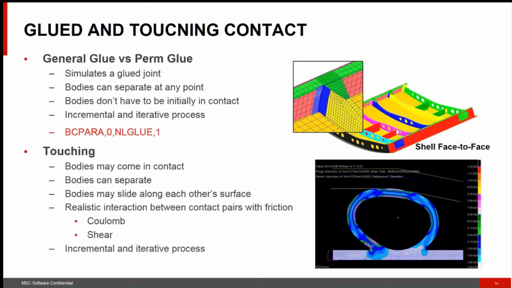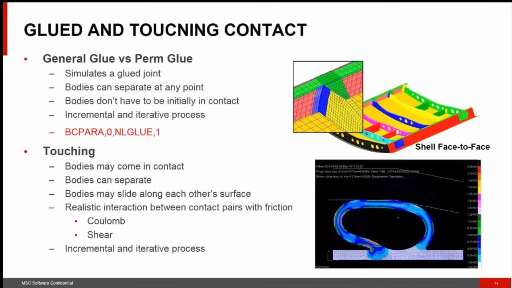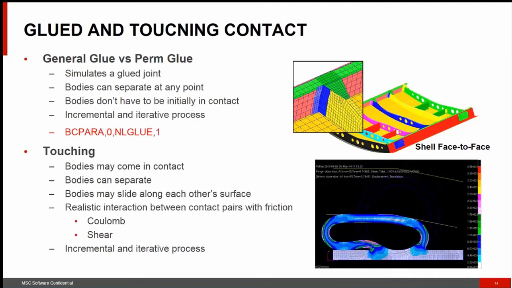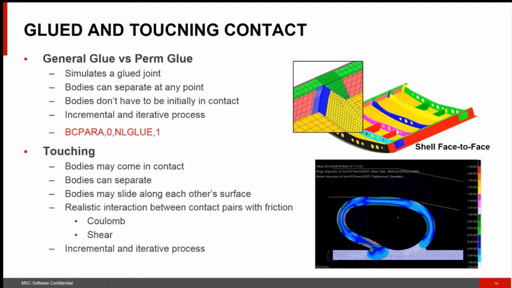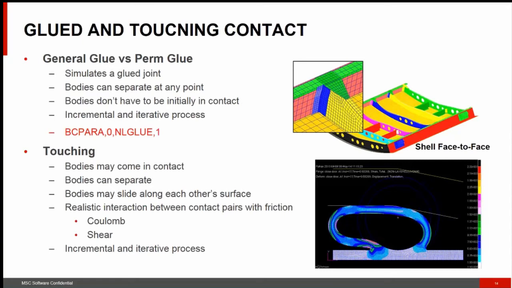This option is just a quick and easy way to connect dissimilar meshes for cases where the deflections of the overall structure are negligible and the stress distribution near the contact area is not important. This one is going to create linear MPC equations between the nodes.